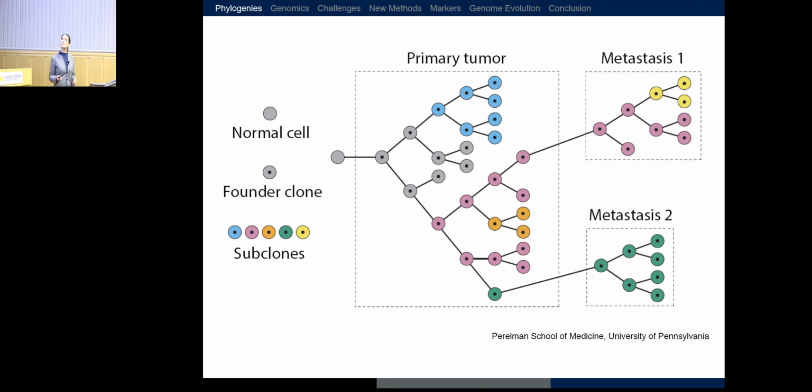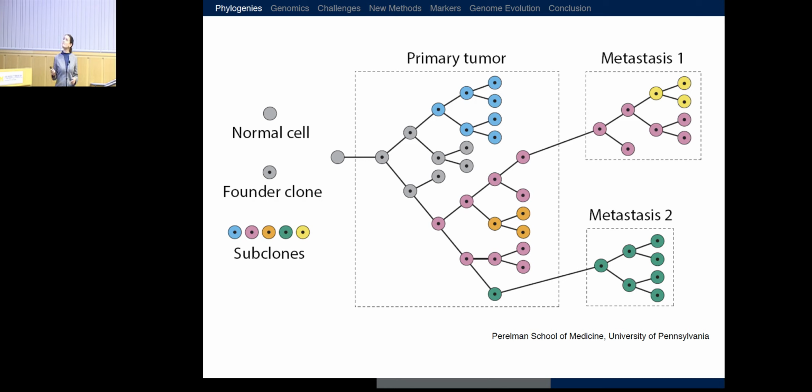And so, like I said, I think about evolution at a whole variety of timescales. We can think about all of metazoans or even all of the tree of life, but we can also narrow this down. And I like to think about cancer as very small scale rapid evolution of populations really more than species. So here you'll see that this is somewhat similar to the phylogeny that I just showed you.